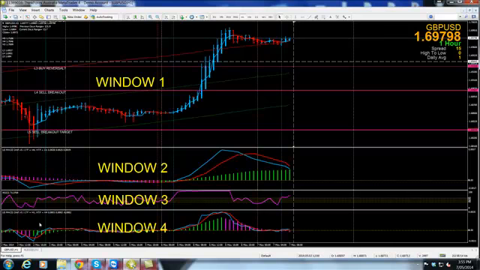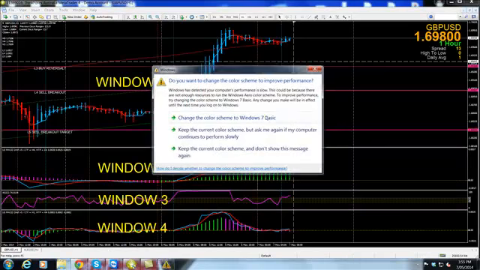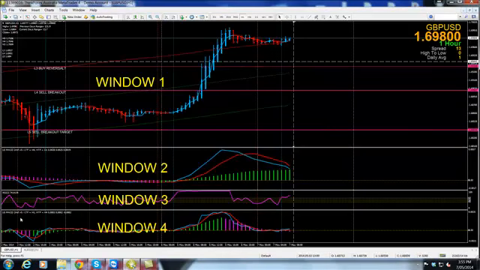And window 4 here, we have another LG MACD. The reason we have two LG MACDs is that window 4 has the blue and red line of the current 1 hour time frame, which this chart is, as well as the histogram, which represents information from a 4 hour chart.